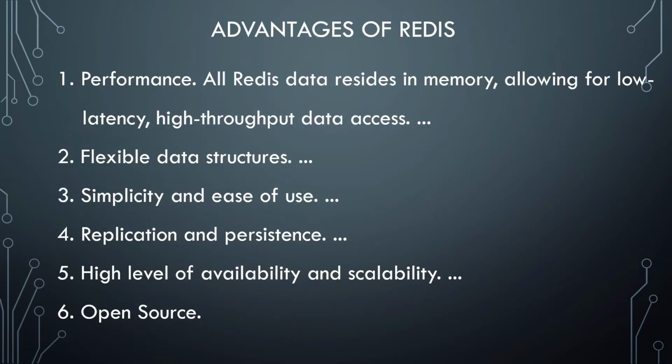Advantages of Redis. Number 1. Performance. All Redis data resides in memory, allowing for low latency, high throughput data access. Number 2. Flexible data structures. Number 3. Simplicity and ease of use.